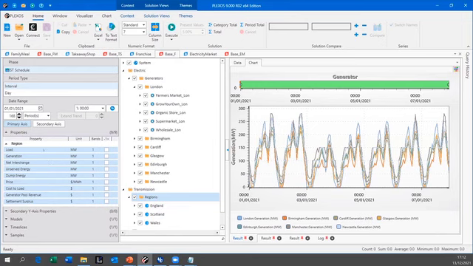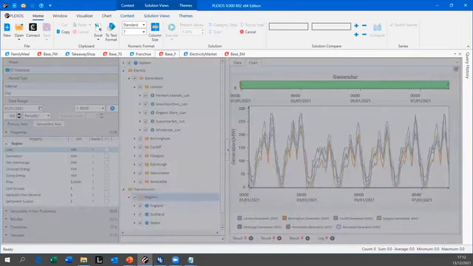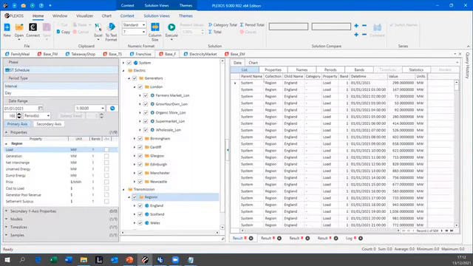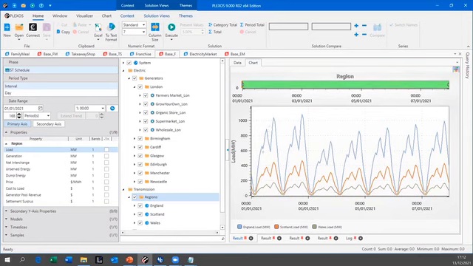We could take a look at what the demand for potatoes is in England versus the demand in Scotland and Wales. You can see that there's a lot more demand in England, followed by Scotland and then Wales, with the same pattern throughout the week, with Friday and Saturday being the highest and Sunday being the least, before building up over the other days of the week.